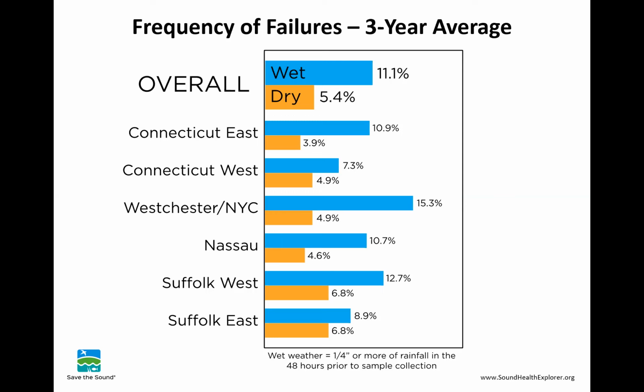The pass in dry weather is actually not too bad, but then you have a tripling of failed beaches when it rains. Whereas in Suffolk County, you have fewer in the wet weather, but you actually have not as good of a performance in dry weather. So the difference between the dry and the wet, while still doubling in Western Suffolk, isn't as extreme. So there's something else going on there.